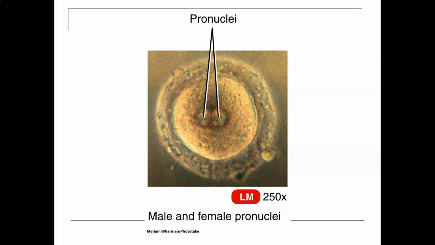There's the one from the sperm and the one from the egg, each carrying 23 chromosomes, and they're soon going to fuse to form the zygote.